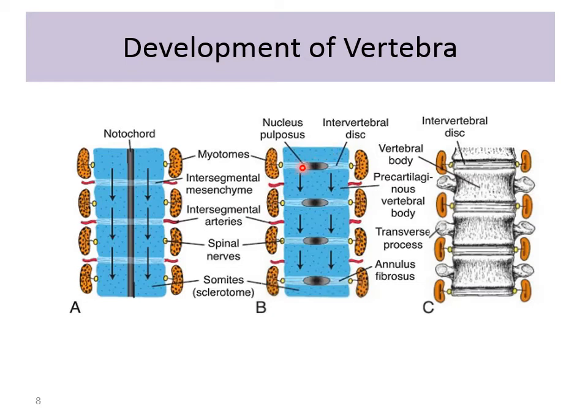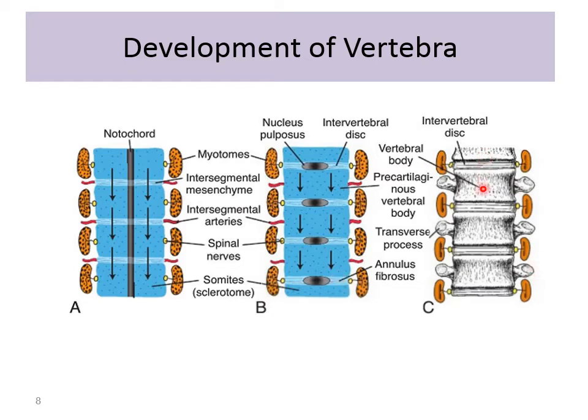This nucleus pulposus is formed by the notochord, surrounded by the annulus fibrosus. This is the annulus fibrosus, circular fibers, to form the intervertebral disc.